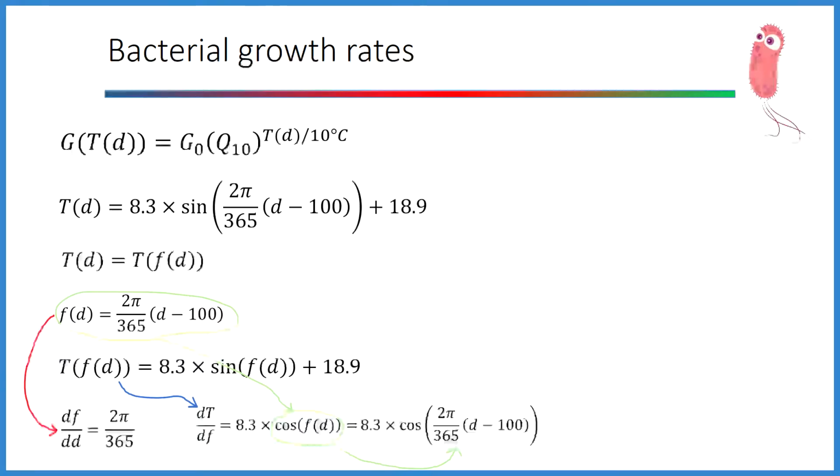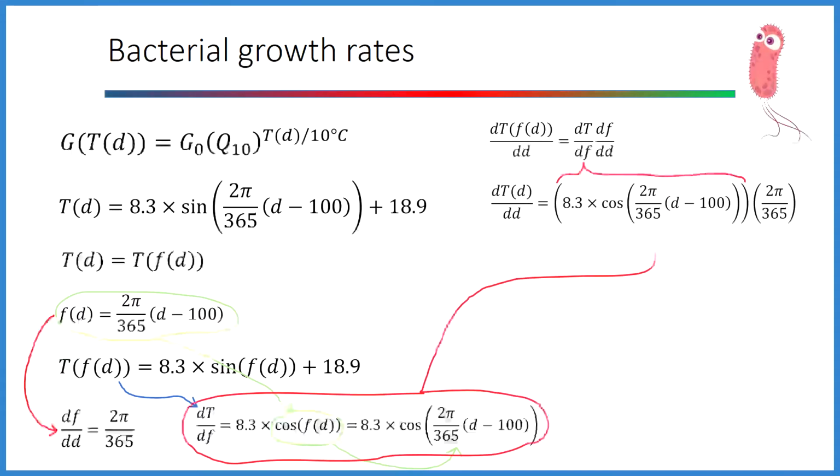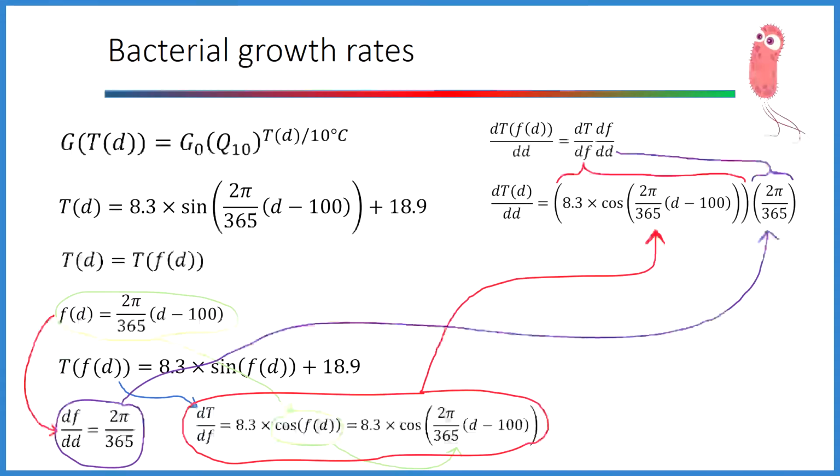And now that we have both of these derivatives, we can use the chain rule to determine that the derivative of t of f of d equals the derivative of t with respect to f times the derivative of f with respect to d. And we can simply substitute in for each of these to find the derivative of t with respect to d, which is equal to 8.3 times the cosine of 2 pi over 365 times d minus 100, all times 2 pi over 365.